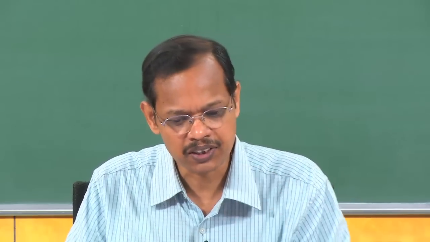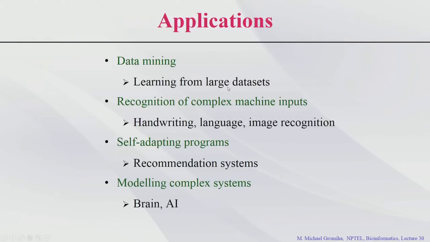So what are the various applications of machine learning? Machine learning has a wide range of applications, not only in biology but in all aspects of systems. For example, in data mining we can learn from very large data sets, maybe in physics, chemistry or any engineering field. It learns from very large data sets and you can derive the features to get the performance you require.